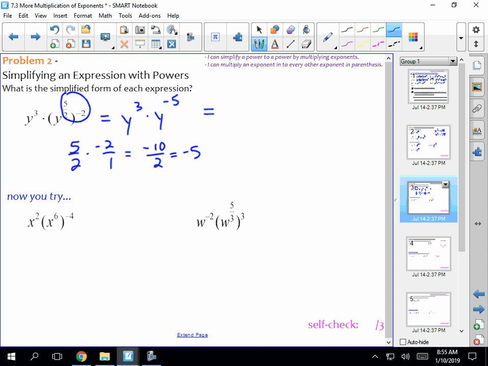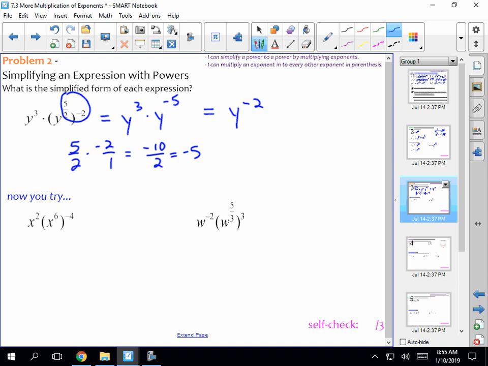So now I just used this rule. Now I'm going to go up and use this rule right here that says if you're multiplying 2 things that are the same bases, you need to add the powers, right? Go back over here. If I add the powers, I end up with y to the negative 2. Can I stop there?